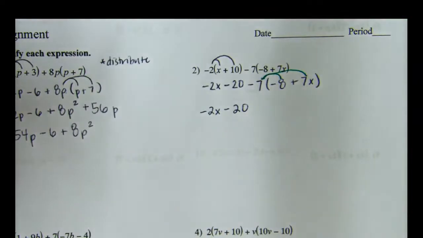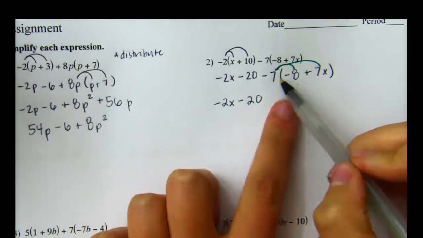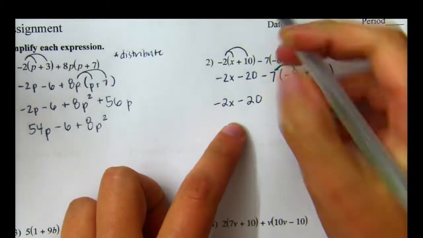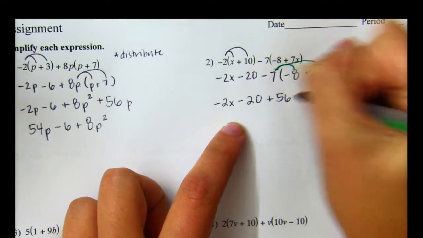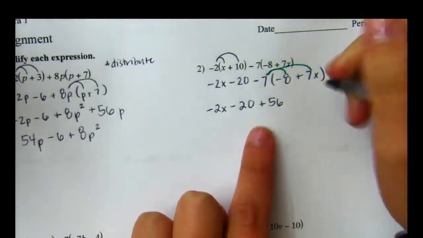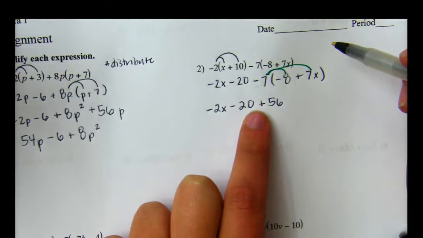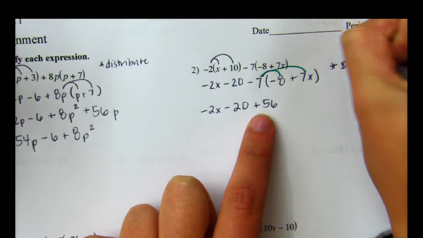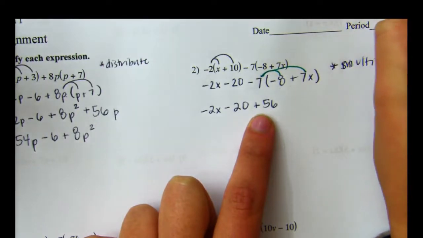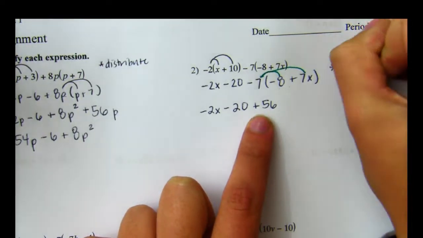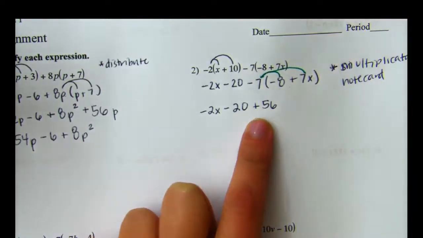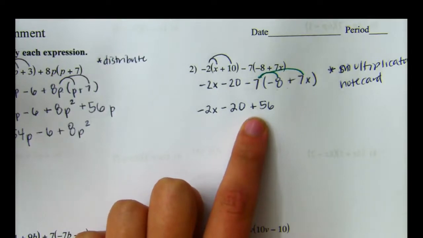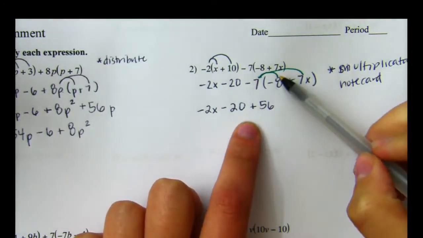So -7 is being multiplied with -8. -7 times -8 gives me a positive 56. If you're messing up the signs right now, so let's say you said a negative 56, or you were not sure, go to your multiplication note card, where it tells you the signs for when you multiply a negative times a negative, positive times a positive, etc. Okay, so I distributed the negative 7 to the negative 8.